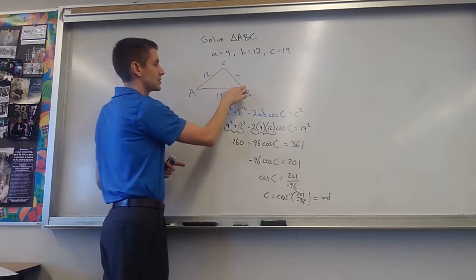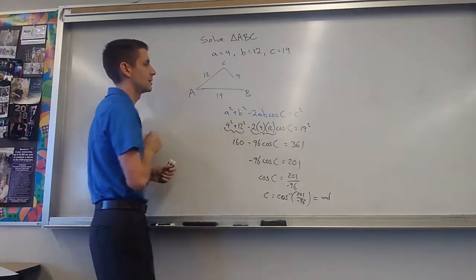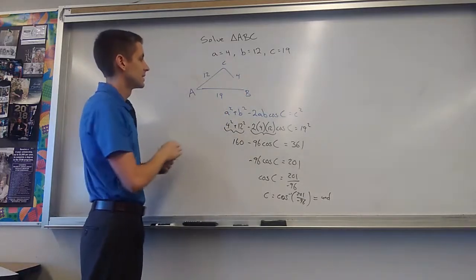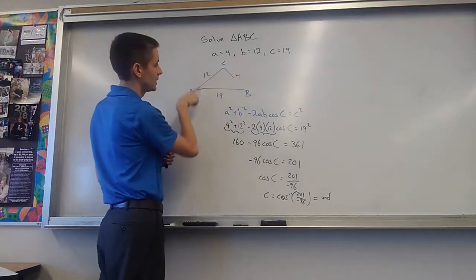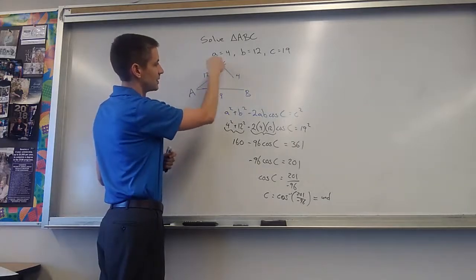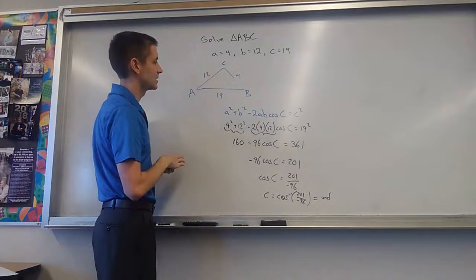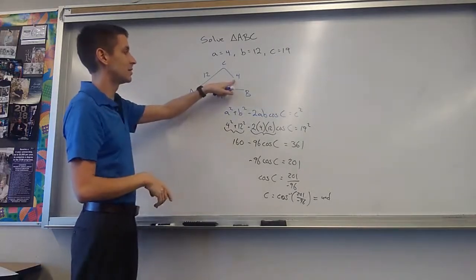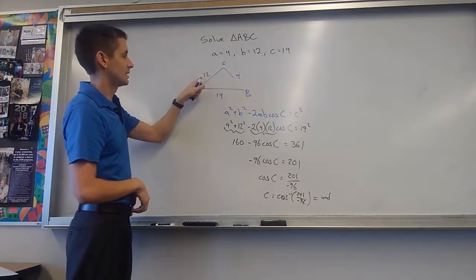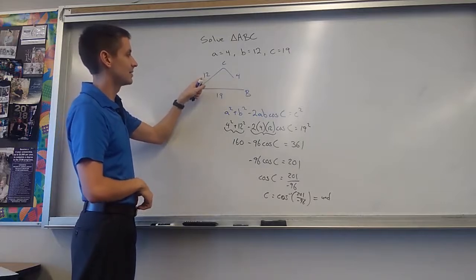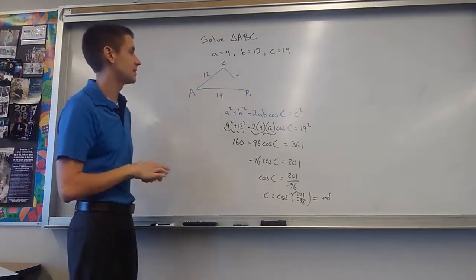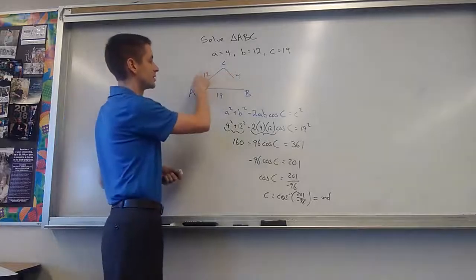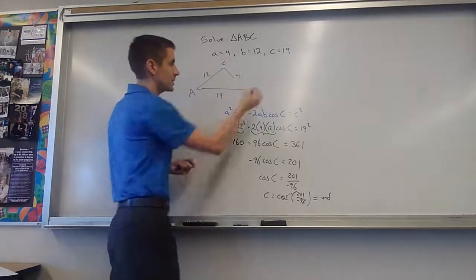If I place that 19 on the bottom, I've got a 12 coming up, and the 4 has to be long enough to come back down to be longer than that 19. And 4 is not long enough to do that. I need to add at least 7, if not a little bit more, to eclipse that 19. So the 4 and the 12 aren't even going to work. So I could say there is no triangle here for that set of information.